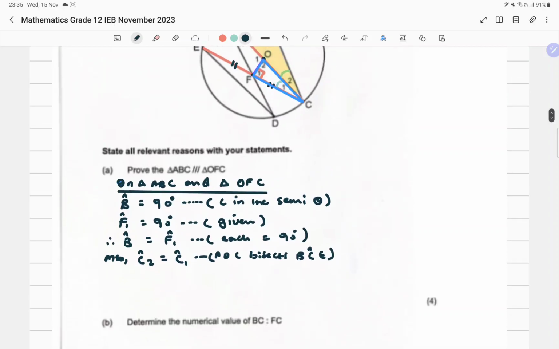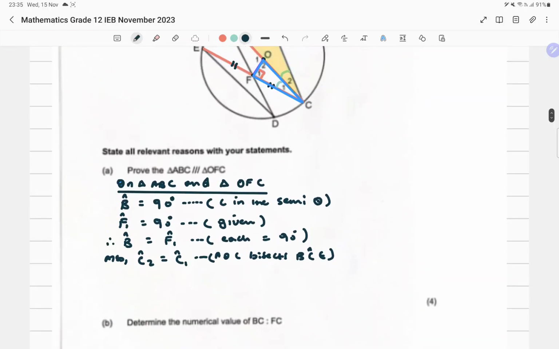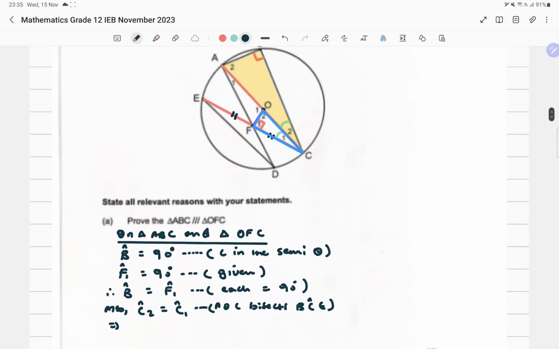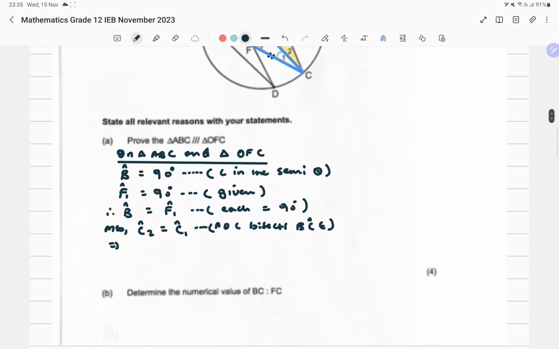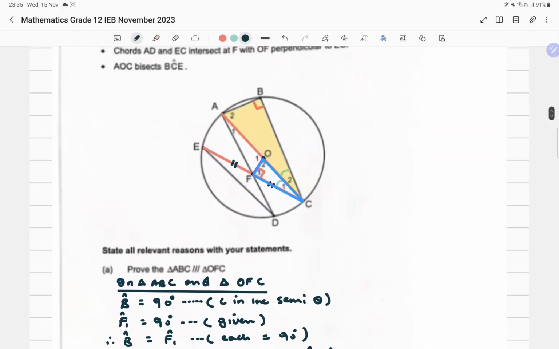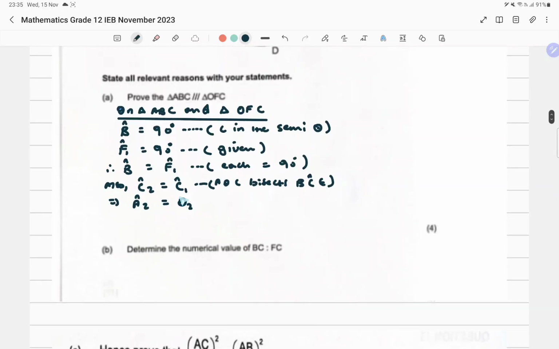That was given. Now, what do we know? If we prove two sets, this implies that angle A2 in the other triangle is going to be equal to angle O2 in the other one. These are the remaining angles, or you can say three angles of a triangle.